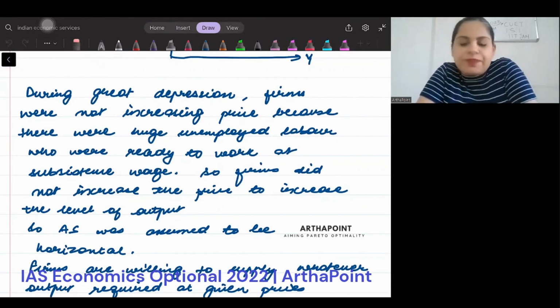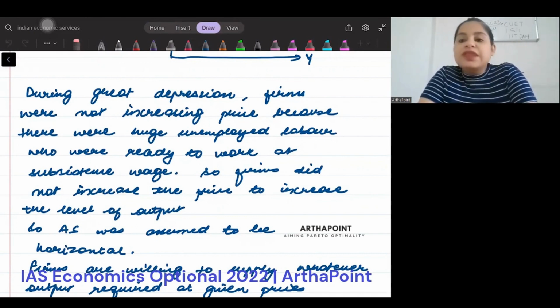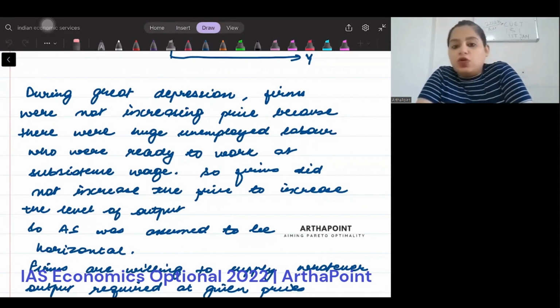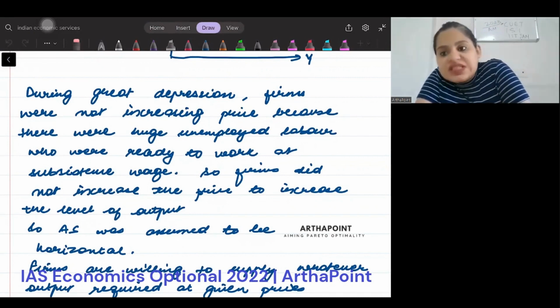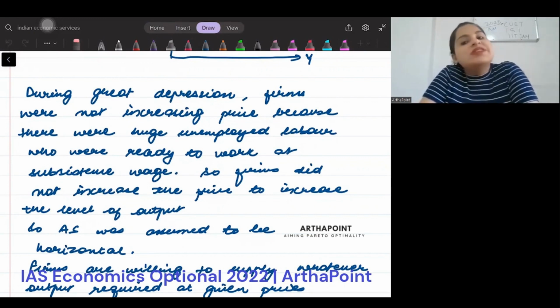People were unemployed, so they were willing to work at a very low wage. When they were willing to work at a low wage, there was no reason why firms would increase the price. So firms did not increase the price.